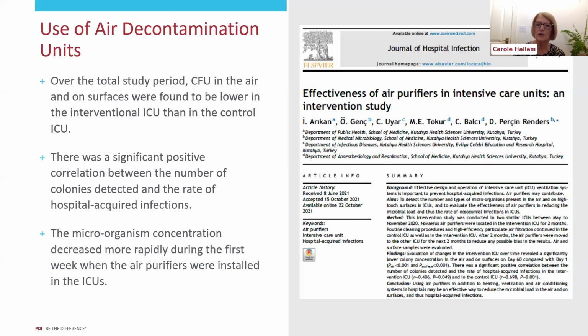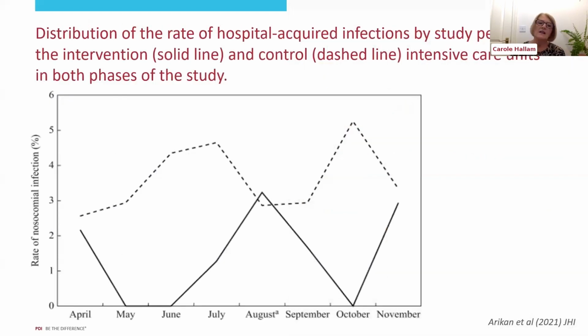On the next slide, I'll show you the impact it had on the hospital-acquired infections. The microorganism concentration decreased more rapidly during the first week when the air purifiers, or the air decontamination units, were installed in the ICU units. Here you can see the distribution rate of the hospital-acquired infections.